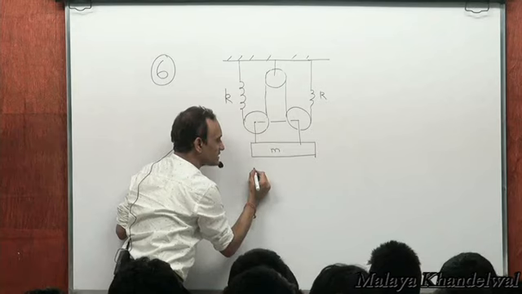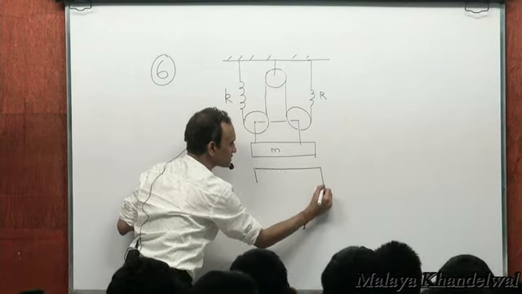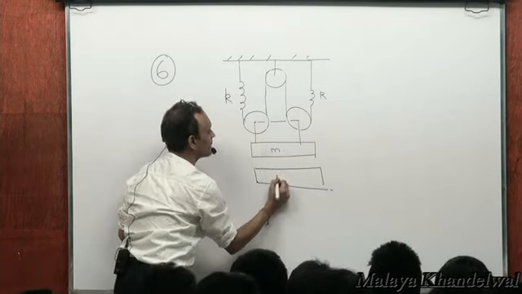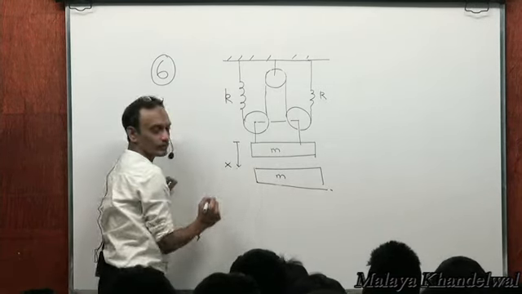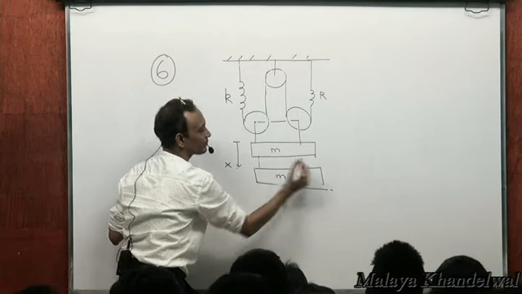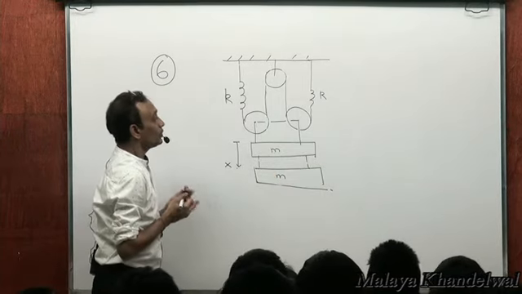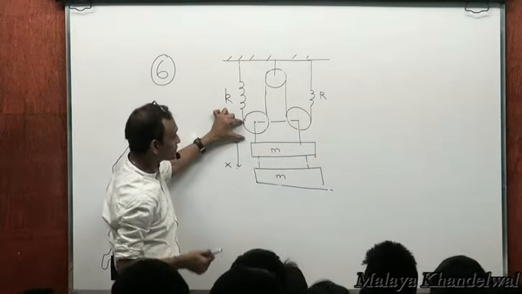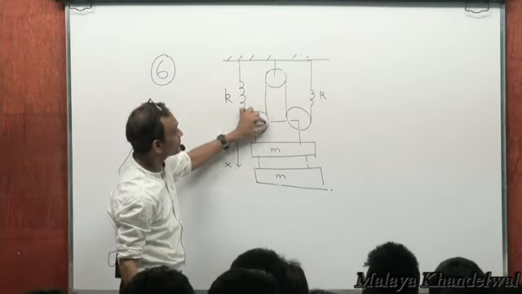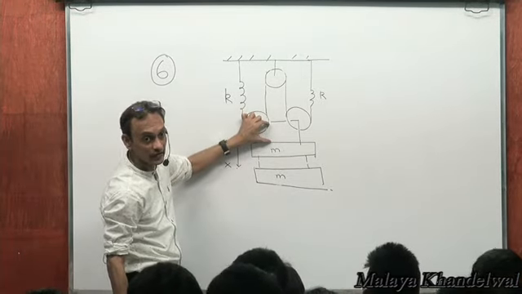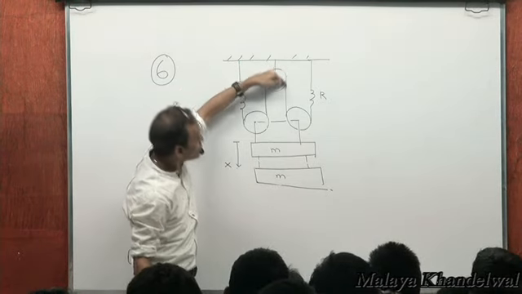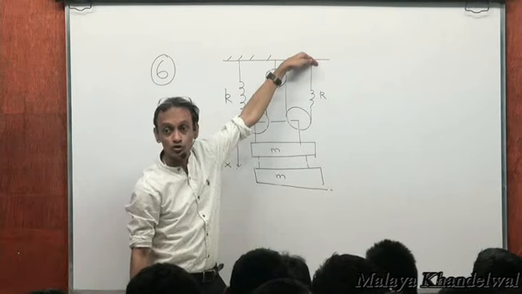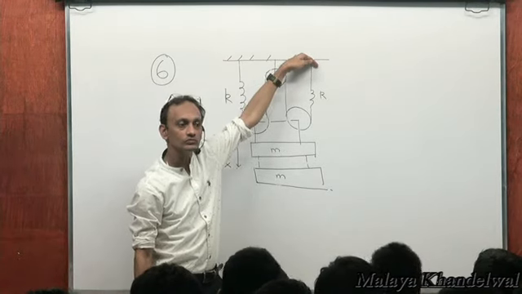So if this mass m descends by an amount x, realize that this part of the spring will increase by an amount x, this part will increase by an amount x. So this spring will increase by an amount 2x, this spring will also increase by an amount 2x. Yes or no?